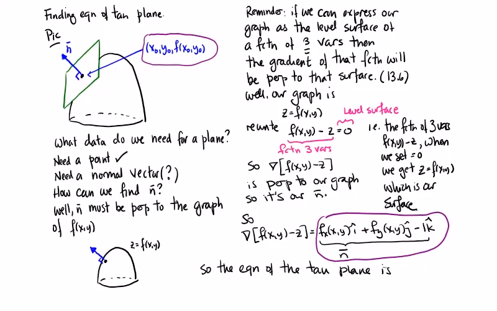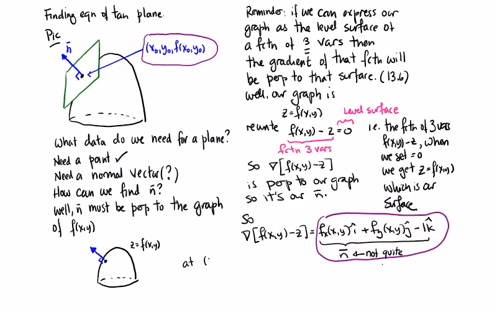Actually, let me be a bit sloppy here. Let me erase this because I need to say a bit more. This n is not quite right, because we need to know n at our specific point.